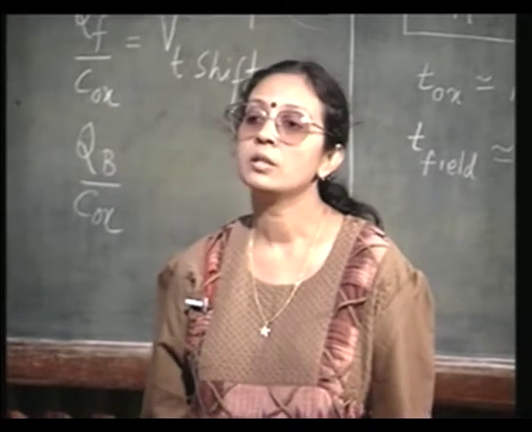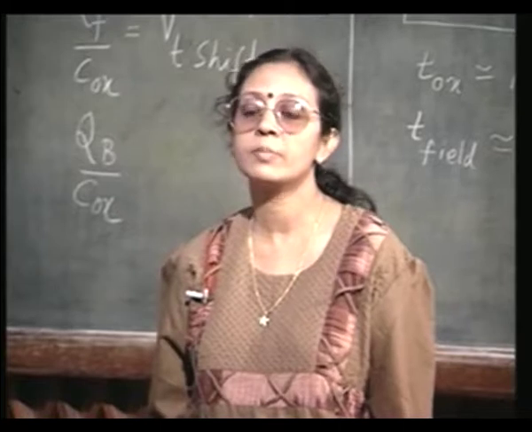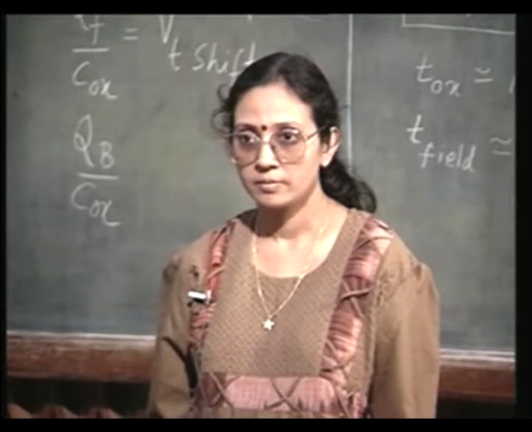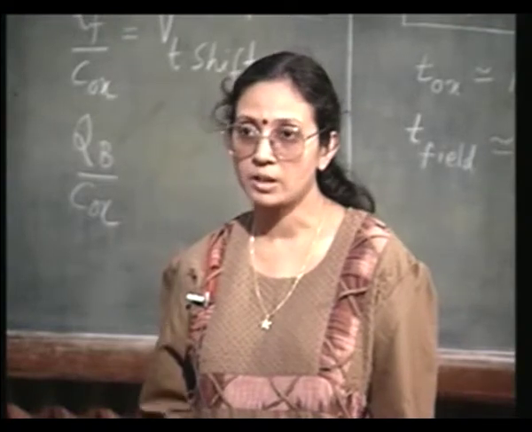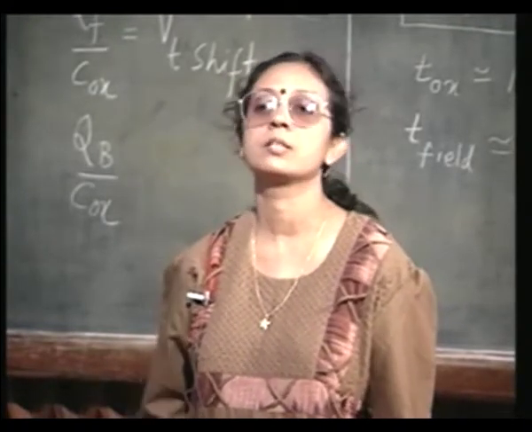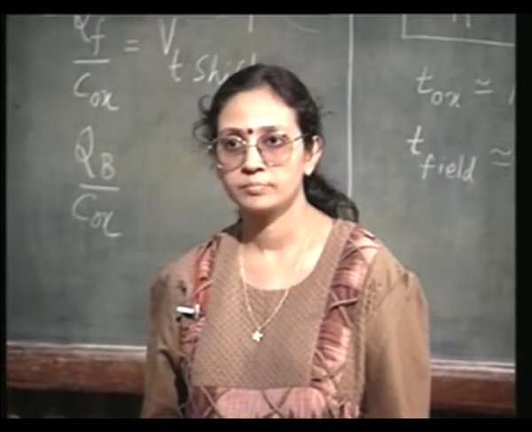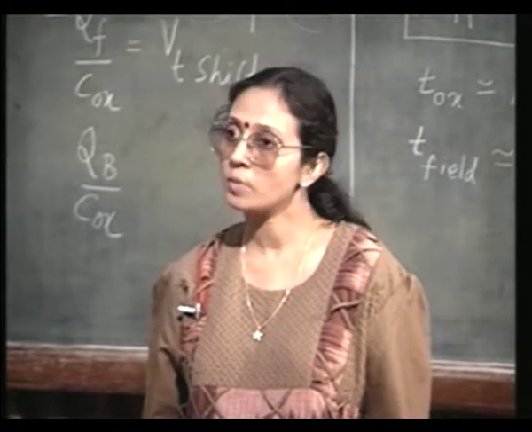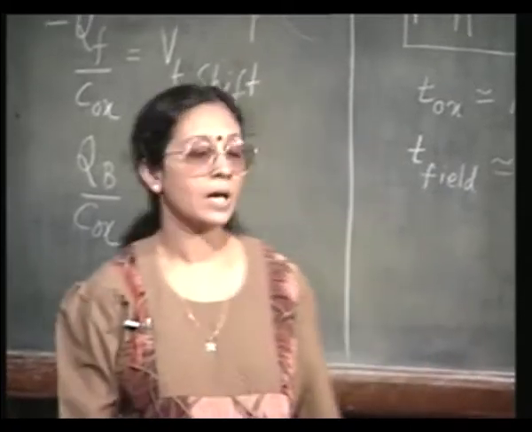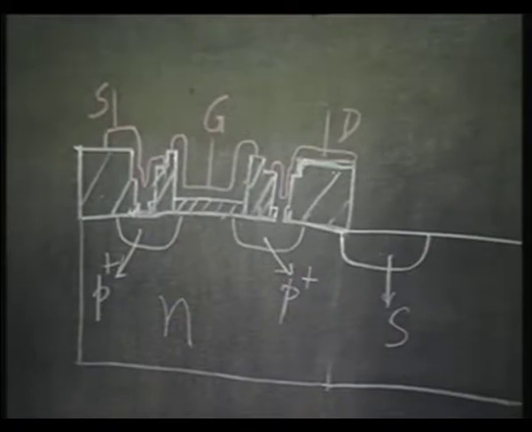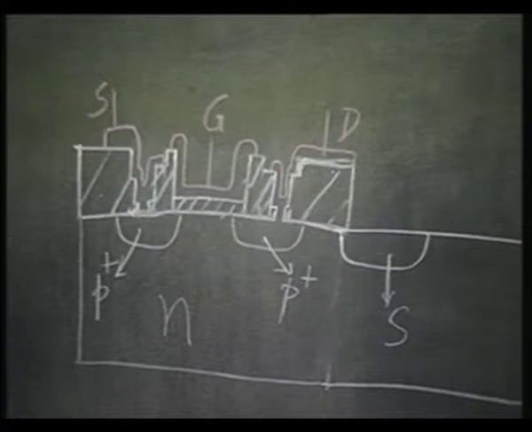So, now the overhang region itself becomes comparable to the channel length. In those days the channel was, let us say, close to 1 micron, 2 micron or something like that. So, you want a 2 micron channel length, but you have to have 2 plus 1 plus 1, 4 micron. Right?